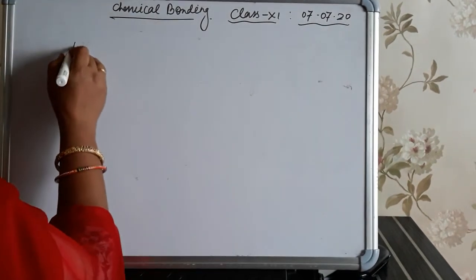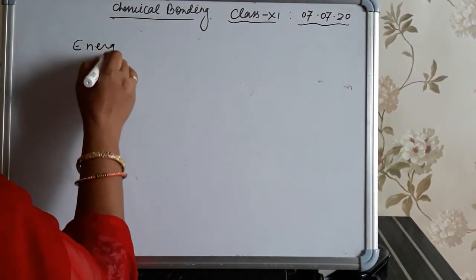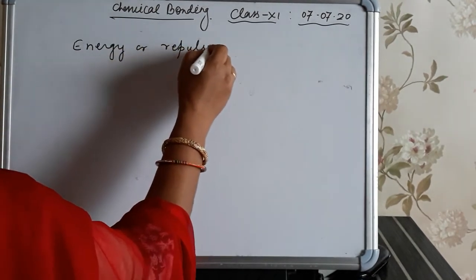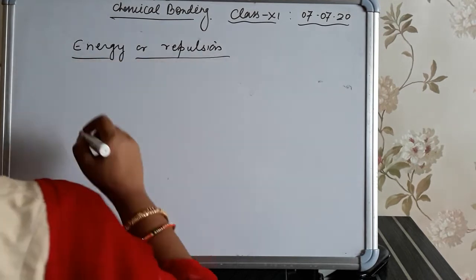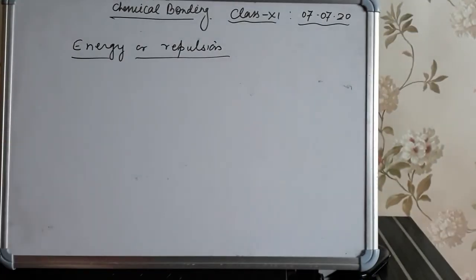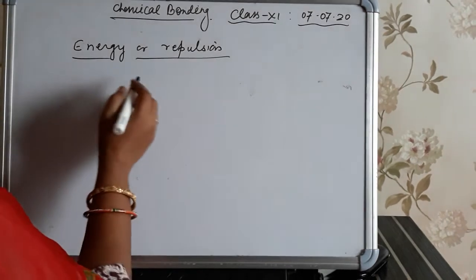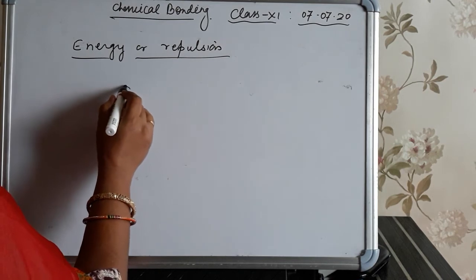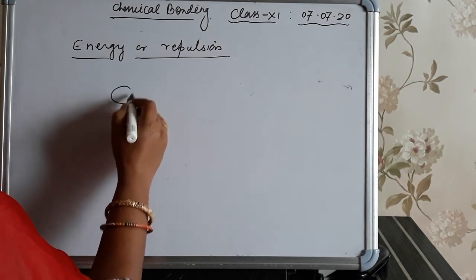Energy or repulsion comparison between pi orbital and sigma orbital. Whenever s orbitals overlap, this type of bond takes place.